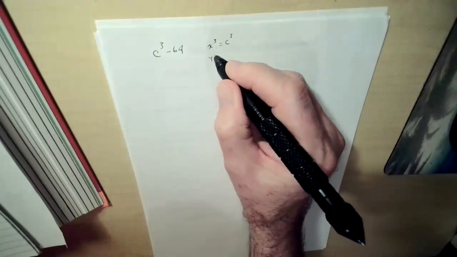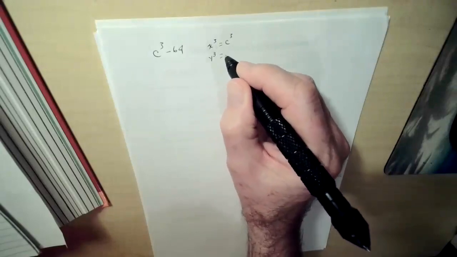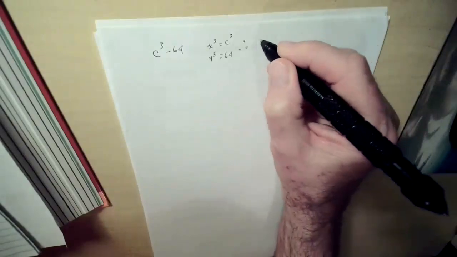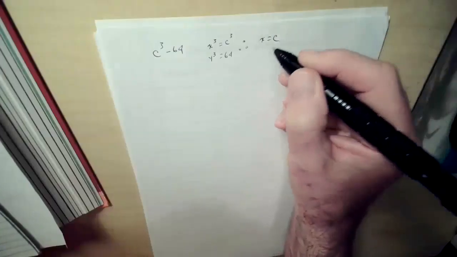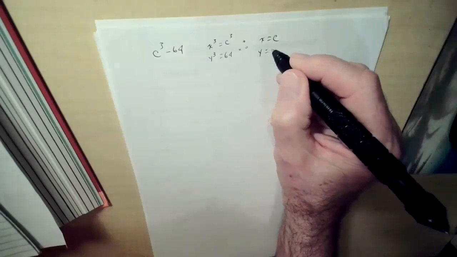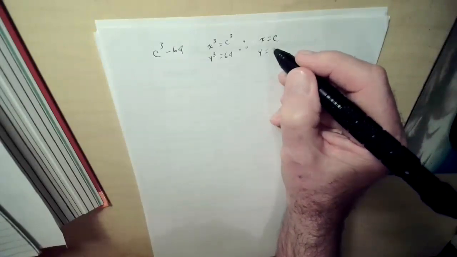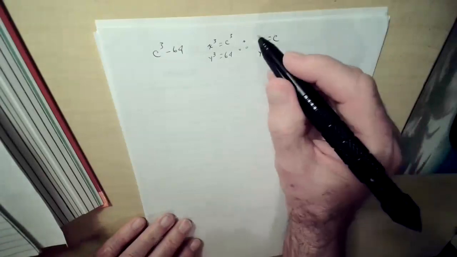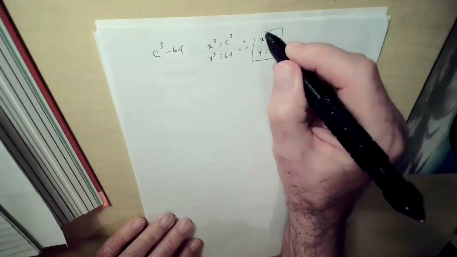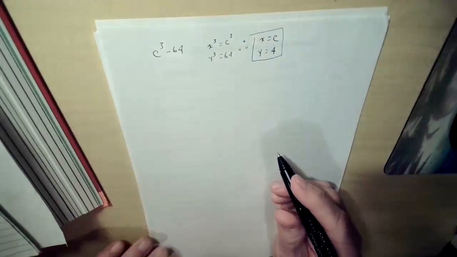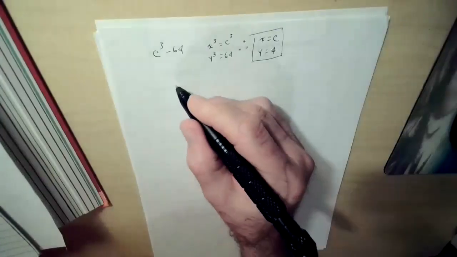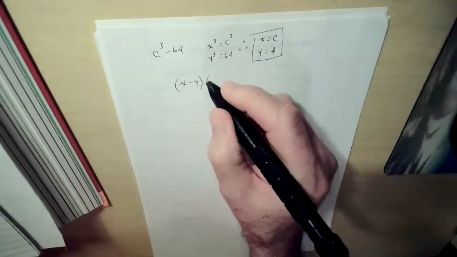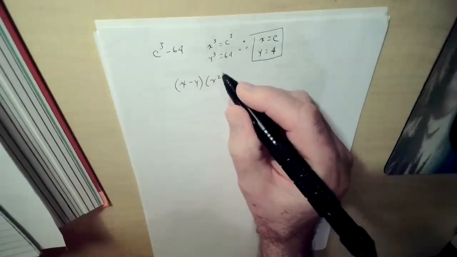Let me drop back and do another easy one. C cubed minus 64. So if x cubed is c cubed, and y cubed is 64, therefore x is c, y is 4. 4 times 4 times 4, I think.